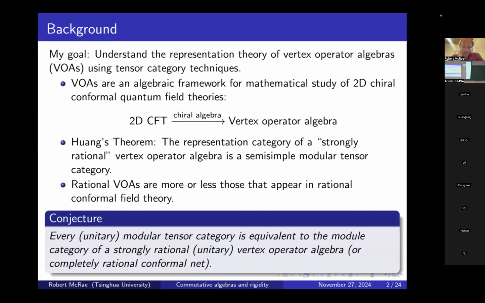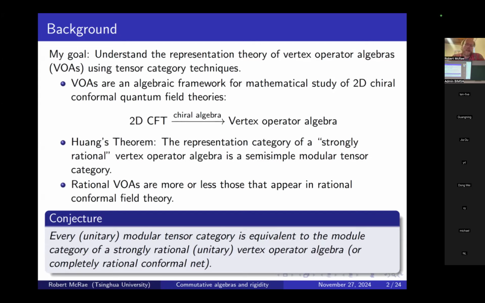So probably I should start by saying a little bit about what motivated me to start looking at these kinds of commutative algebras in monoidal categories.